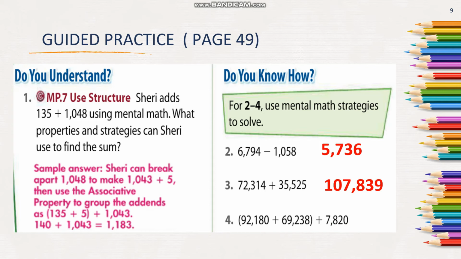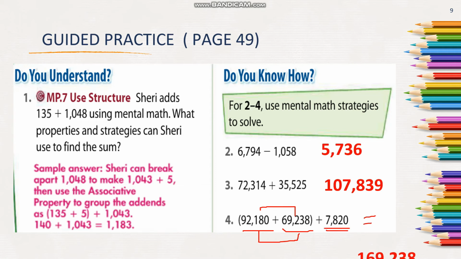Question number 4. 92,180 plus 69,238 plus 7,820. So, since it is grouped already, the given 92,180 plus 69,238, it means I'm going to apply the associative property. So, if I'm going to add first these two, then the answer for these two must be added to 7,820.